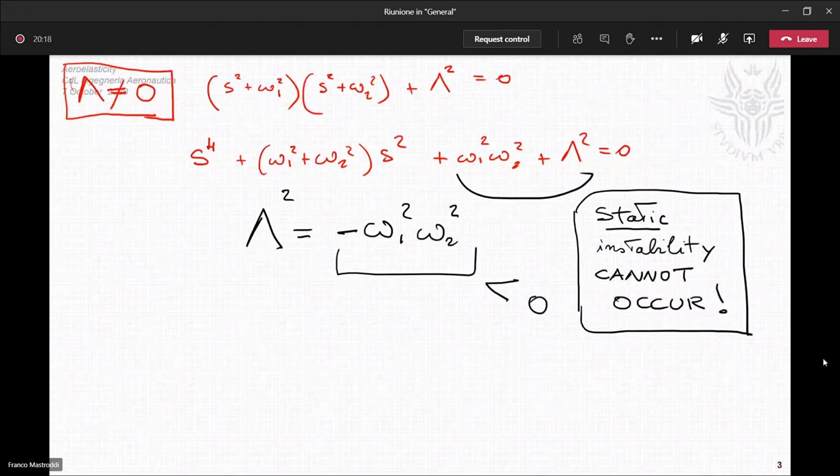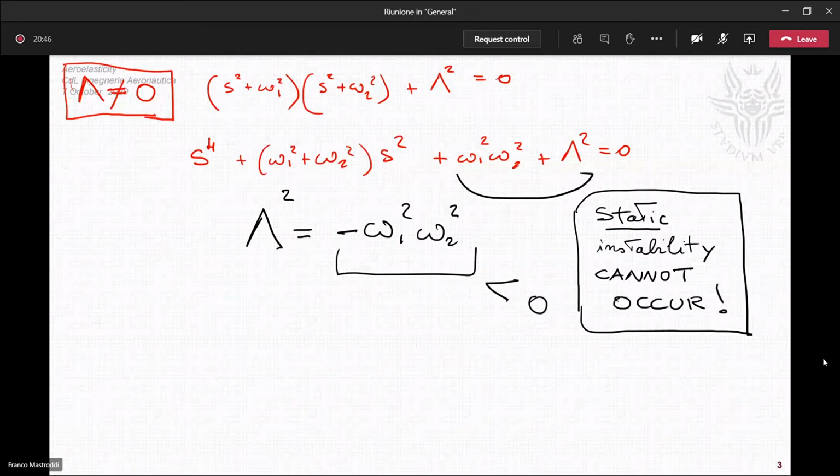Next, now we want to study the aeroelastic stability. So consider a lambda not equal to 0 and study this equation. Okay? So we have frozen the axial load. We don't want to study the buckling, but we have a fixed buckling force.